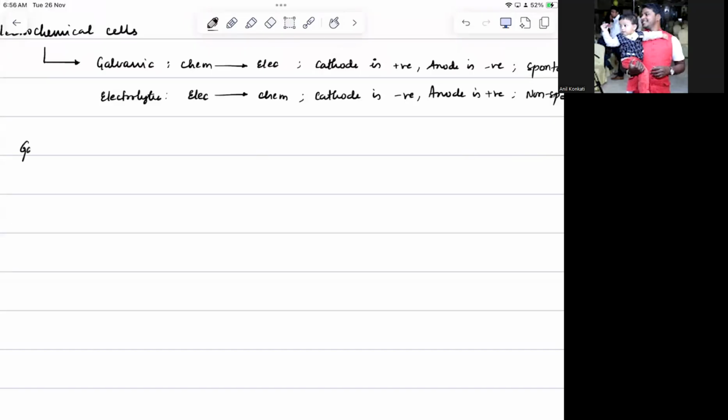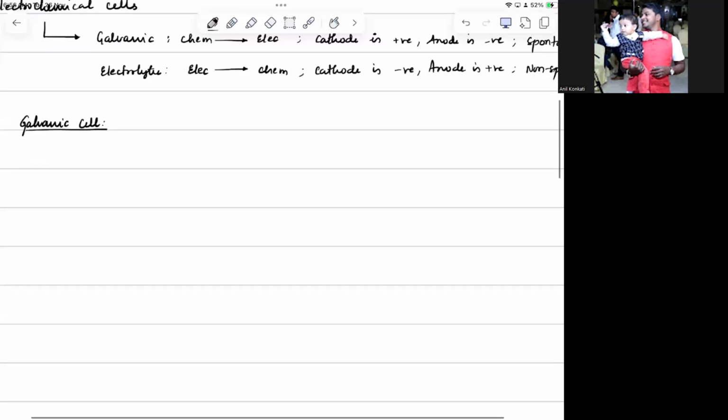Now, when it comes to galvanic cell, it is also called a voltaic cell, and there will be two parts of it. These two parts are called half cells. Left side and right side we will have.